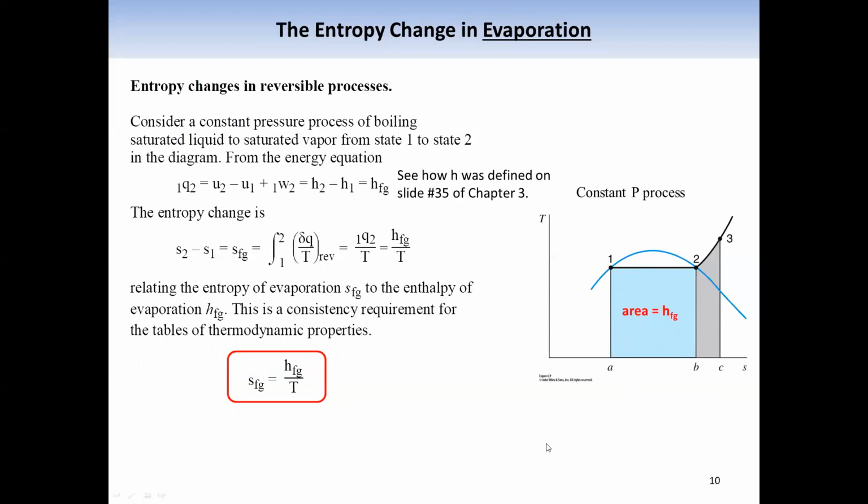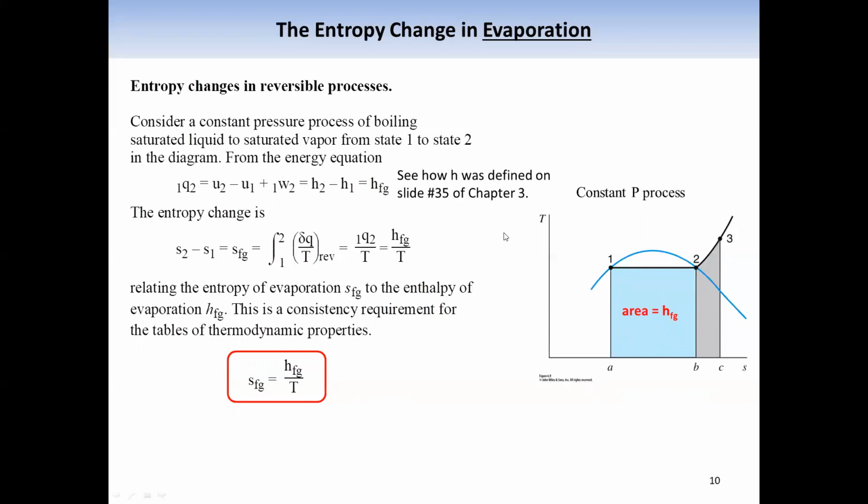Therefore, for evaporation, we can say the entropy change equals dq over T, or q over T, equal to delta h over T. Why is q equal to delta h? That's from the first law.